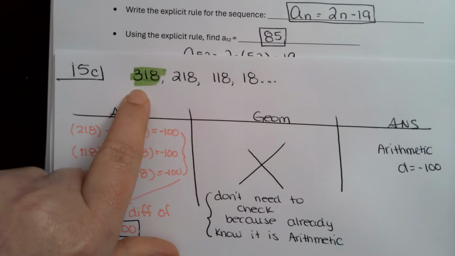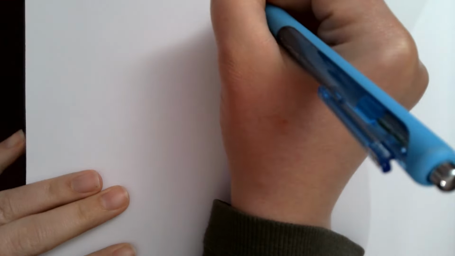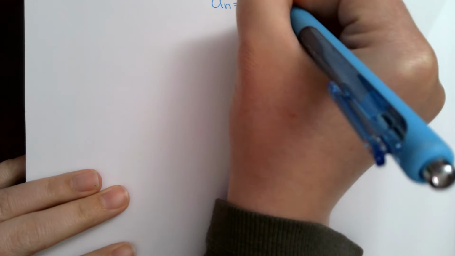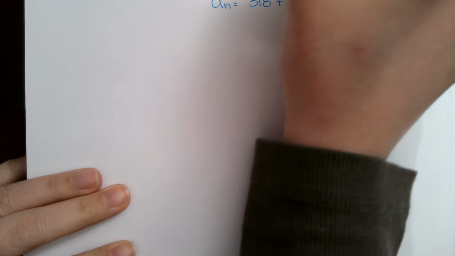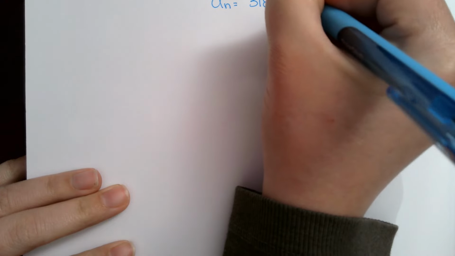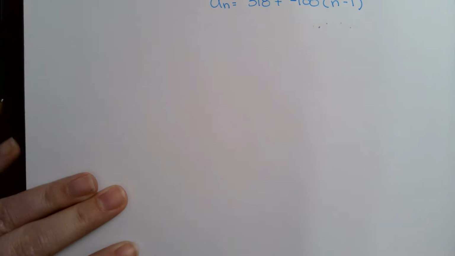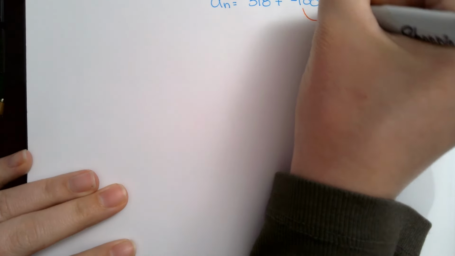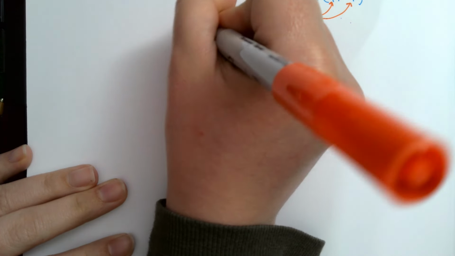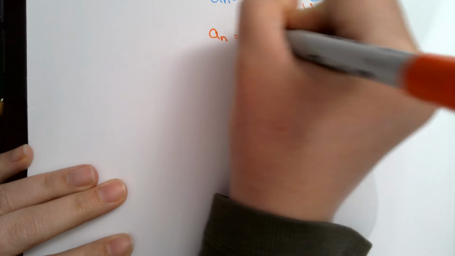Okay, so the term in the first position is this 318, plus our common difference of negative 100. Make sure to distribute this negative 100 here and here. You have to always simplify with arithmetic.